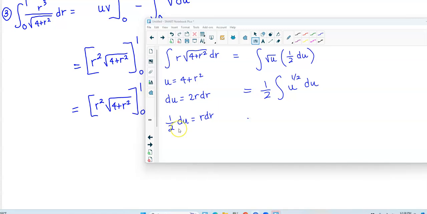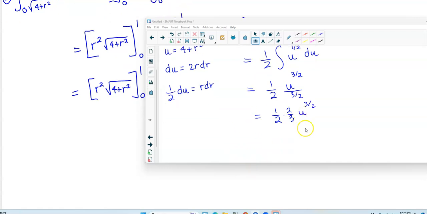So we have 1/2 u to the 3/2 over 3/2, which is equal to 1/2 times 2/3 u to the 3/2.